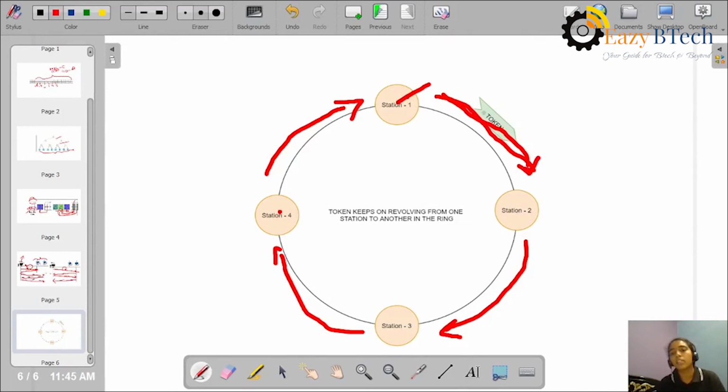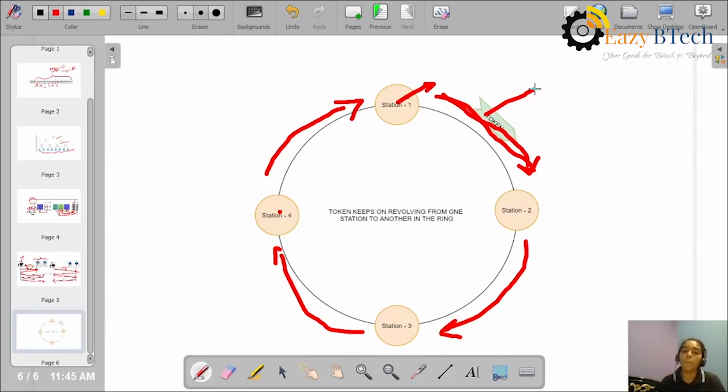If any station in the ring topology wants to communicate with another station, it must take the token. If the token is assigned to a particular station, only that station can communicate data frames to the destination at a time, and the remaining stations connected to the network should be in an idle position.